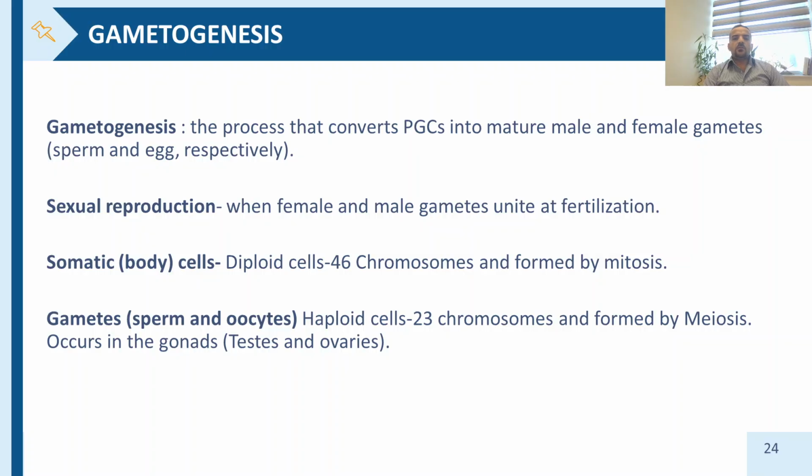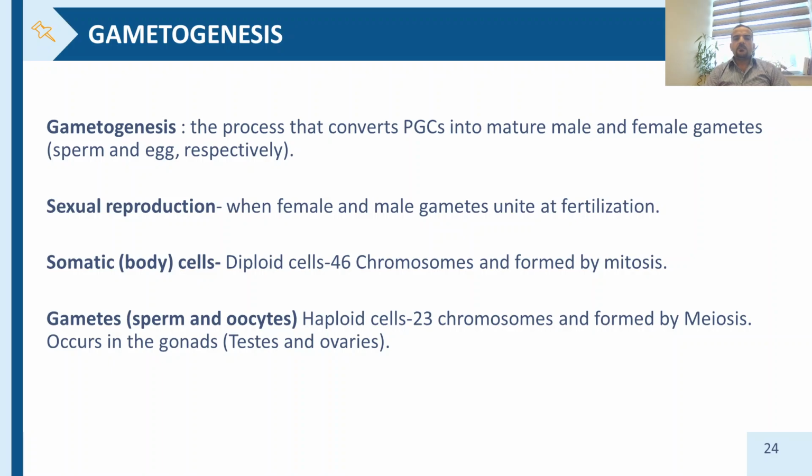هسه ننتقل إلى موضوع الجاميتوجينيسيس أو عملية تكوين الجاميتس. It is the process that converts primordial germ cells into mature male and female gametes اللي هن السبرم and the oocyte respectively. What do we mean by sexual reproduction?